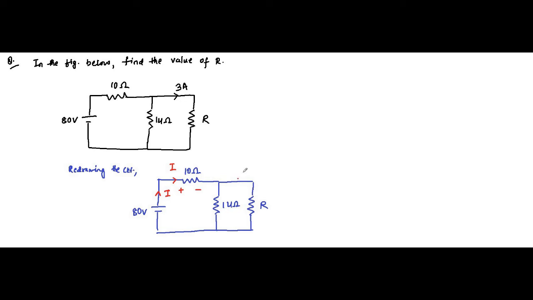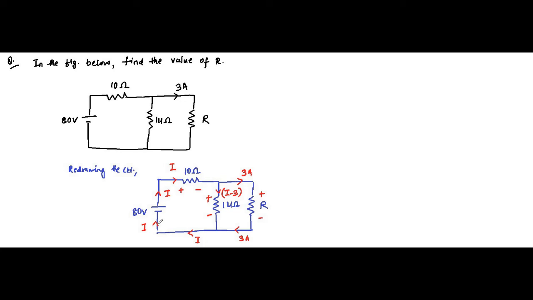Here 3 ampere is given, 3 ampere is flowing into R. So applying KCL at this node, the current flowing through the 14 ohm resistor will be I minus 3, with polarity plus minus. This is 3 ampere, this is your I minus 3. Again these two get added and the same I flows into the 80 volt. This is the basic thing.